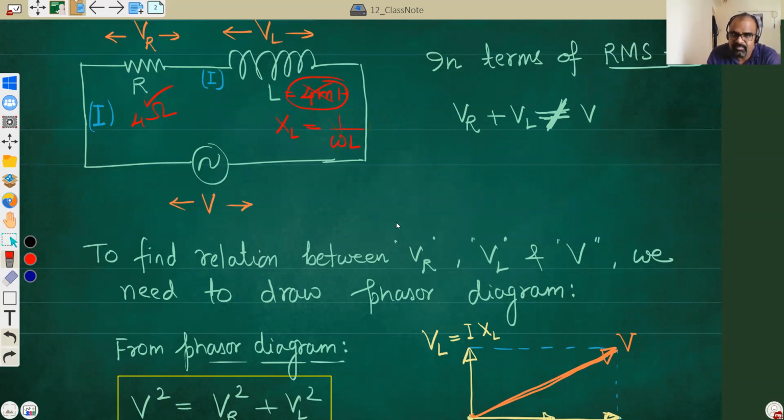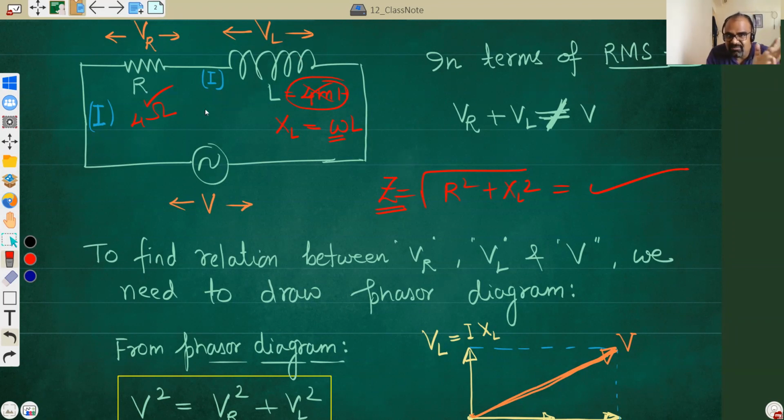So this L will be given, multiply it with omega, you will get XL. Once you get XL, you will get impedance first. Impedance is root over R square plus XL square. Just now we derived. Once you get impedance, you can say that you have got the total resistance of the circuit, even though impedance is not resistance, but you can think like this.